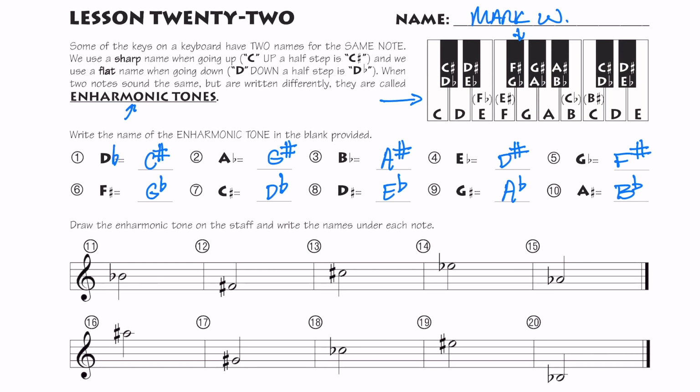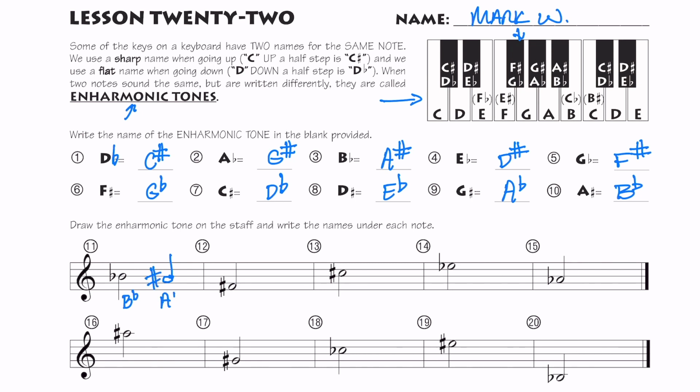Now on 11 through 20, we are going to draw the notes, and it works the same way. So if you name a note, number 11 here, if I say B flat, I'm thinking of a letter down from B is A. So I draw an A, but then I have to put my sharp sign.